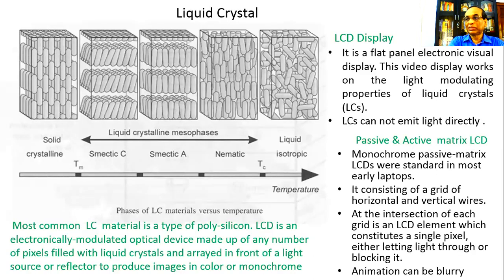For all these disadvantages, technologists and scientists were thinking how to remove them. By this time the liquid crystal came up. What is liquid crystal? The most common LC material is a type of polysilicon.